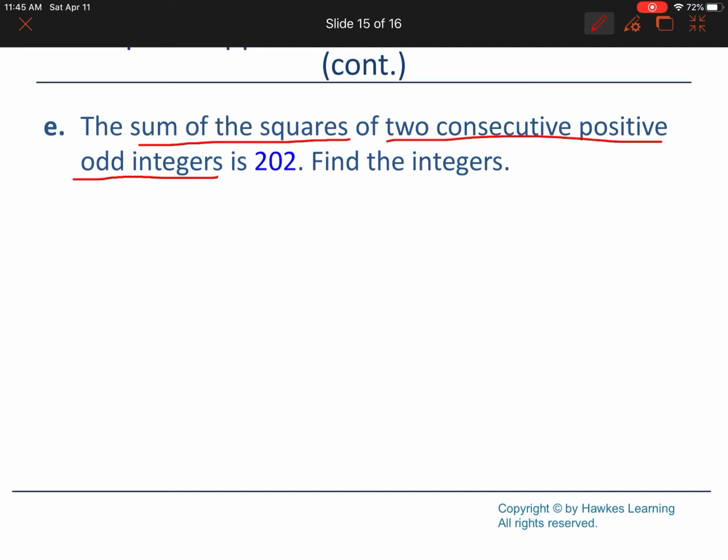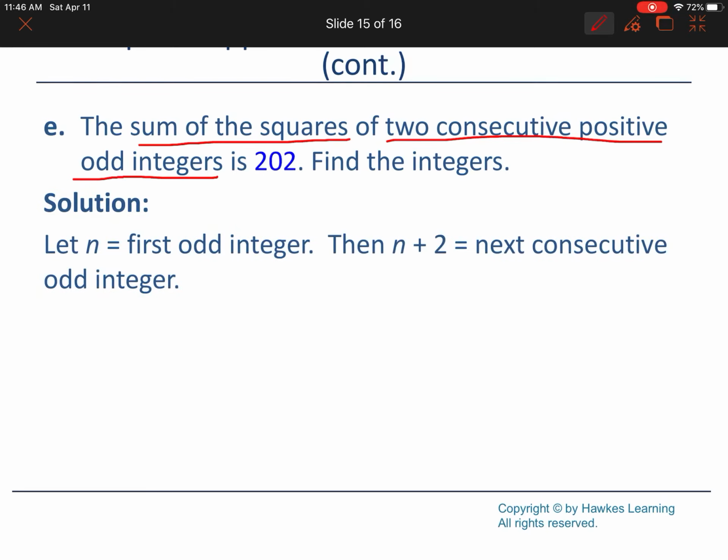So remember, if you have a number like, say, 3, the next odd number would be 5, right? We would add 2. If you had an odd number of 11, the next odd number would be 13, so that would add 2. So whatever variable we pick, we will add 2 to get to the next odd integer.